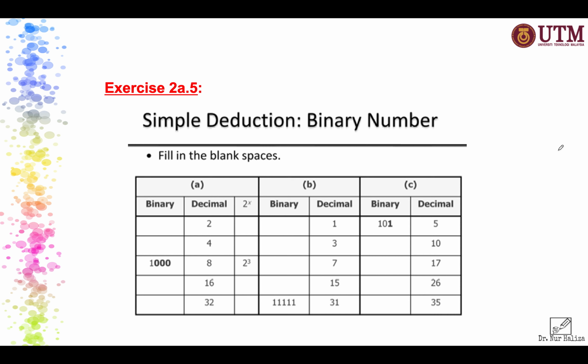So over here you have simple deductions under binary number, how you need to fill in the blank space basically. I don't want to show your answer. Please screenshot this page. I think in your module there is no answer.